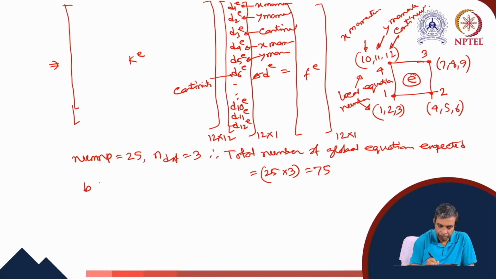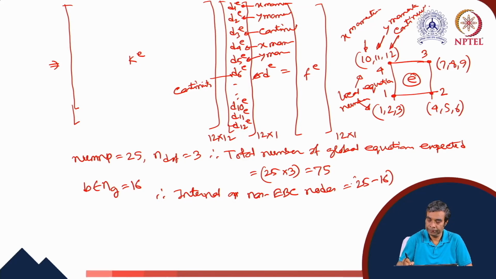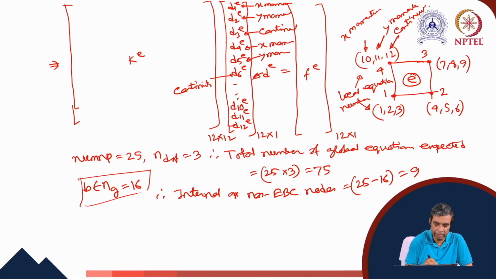So we have the number of EBC nodes equals 16. Our internal or non-EBC nodes equal 25 minus 16 equals 9. Now, for these 16 nodes at the boundary, only the u and v velocities are known and pressure is unknown.